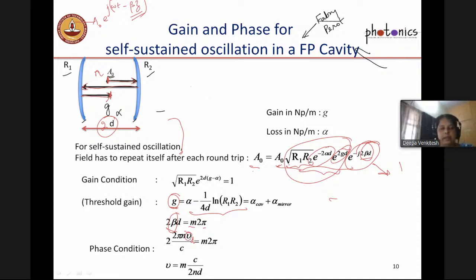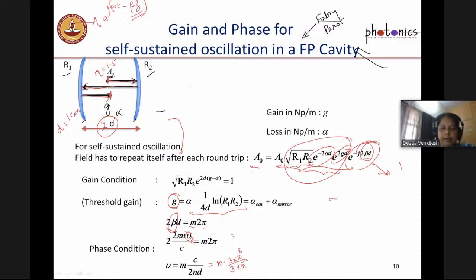So if I rewrite this, I get the allowed frequencies are m times c divided by 2nd, which means if I take a cavity which is, let's say, 1 centimeter long, and I have a refractive index of, let's say, 1.5, the allowed frequencies are m times 3 into 10 power 8 meter per second divided by 2 times 1.5, which is 3, multiplied by 1 centimeter, which is 10 power minus 2 in meter.